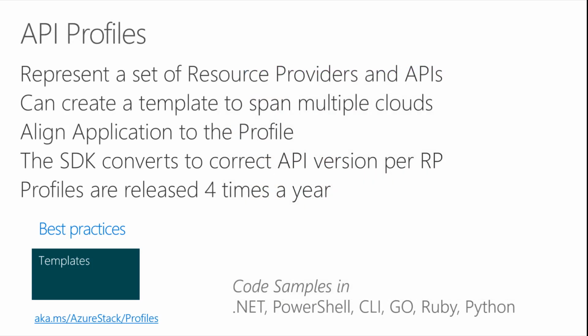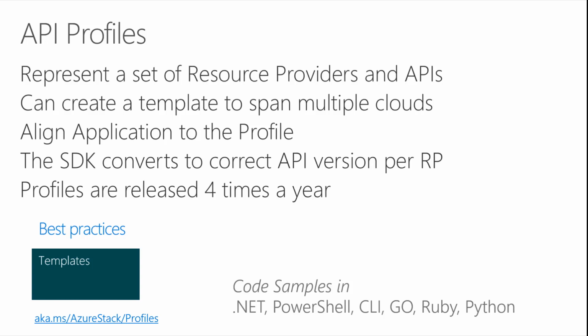So API profiles, this is a pretty cool thing. And if you start getting more in depth and doing custom ARM templates, we release these 4 times a year. So API profiles specify the Azure resource provider and the API version for the Azure REST endpoints. And you can create custom clients in different languages using the API profiles.